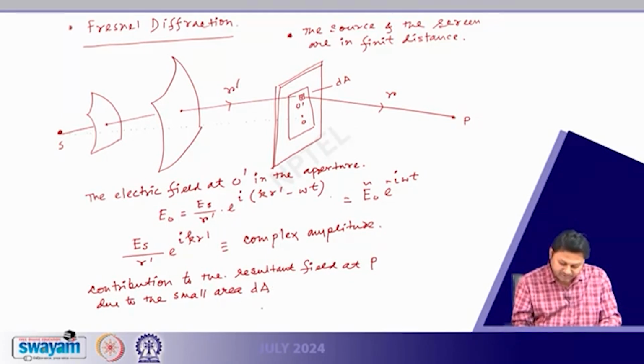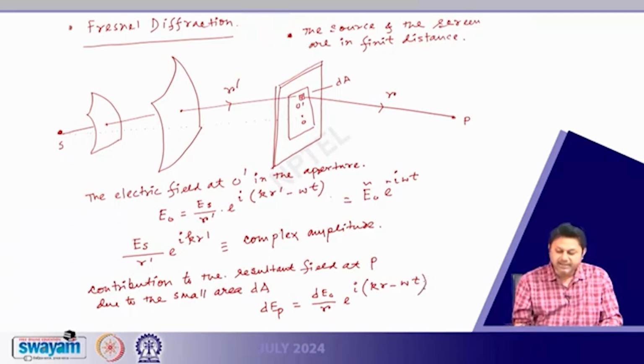that should be dE_P is equal to dE naught divided by R, e to the power of i(kR minus omega t).